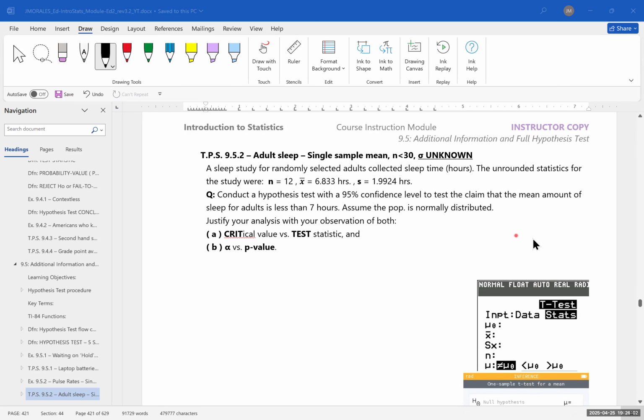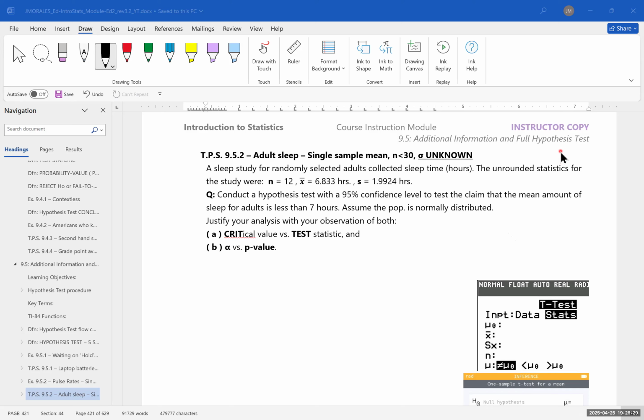You want to be able to do these hypothesis tests without any prompting of which calculator functions you need to use. So you should continue to practice these over and over, so that you learn, like through muscle memory, which calculator function you need to use and when, and to do that with a lot of confidence.